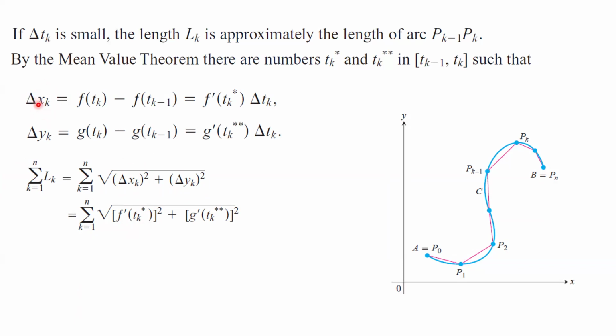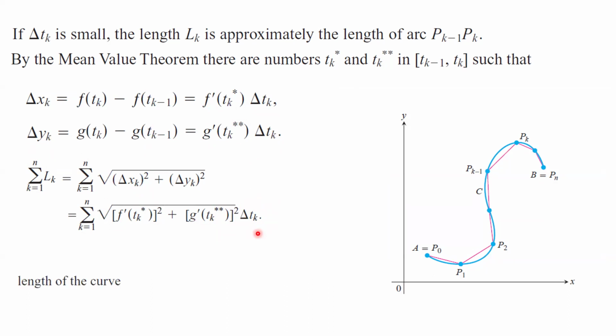Delta x_k is defined as f prime of t_k star times delta t_k. When you raise it to the second power, you have to raise the right-hand side to the second power as well. The same for delta y_k, which is the derivative of g times delta t_k. Now you raise everything to the second power, and you can factor out delta t_k squared, and since it's the square root of delta t_k squared, you get delta t_k outside your radical.